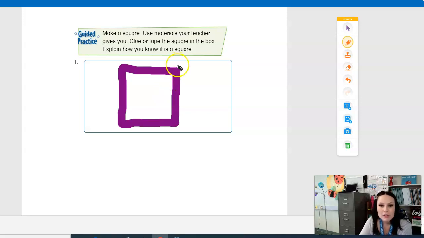So now it wants me to explain how I know it's a square. Can you tell me how you know this is a square? So I know that this shape I made is a square because, for one, it has 4 vertices. So it has 1, 2, 3, 4 corners. Also, all of my sides are equal length. So that's how I know this is a square.